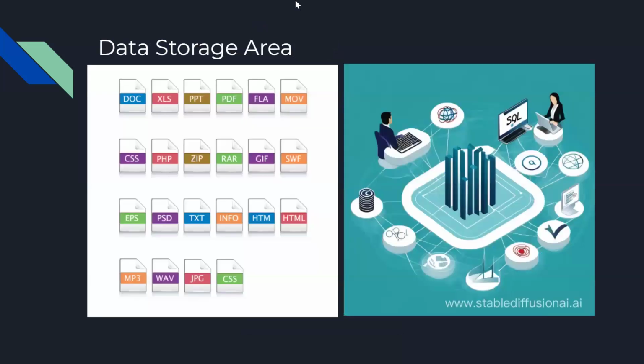Now let's understand data storage area. Where do we store? For example, now I am creating your resume. That can be stored in a document, DOC. If I'm creating some text, it will be stored in TXT format. So there are different types of formats we use for storing the data.